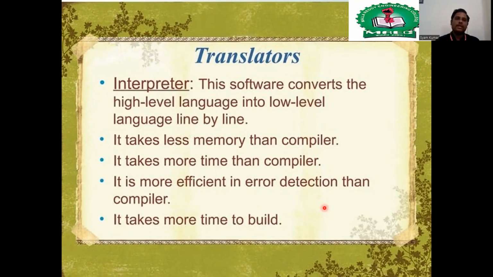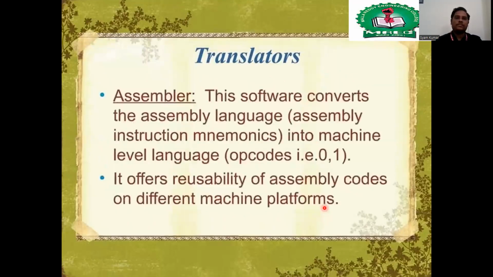The entire program need not be compiled. It is a very important difference. The interpreter takes more time, and the compiler takes less time to compile your program. That is the main difference between compiler and interpreter.